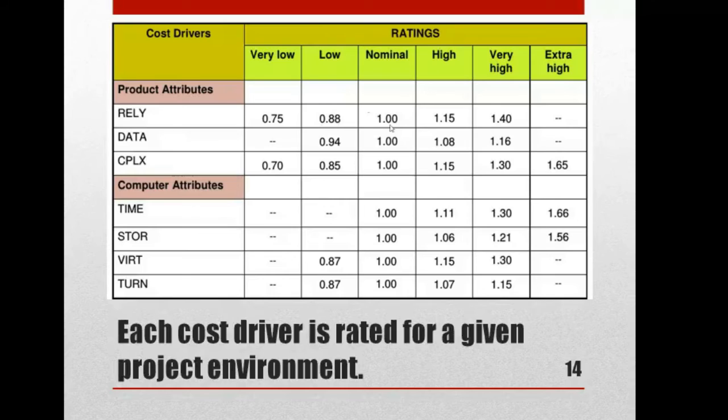Low means this one, nominal means one, high means this one, very high means this one, extra high means this one. These are the average values, from 0.75 to 1.40. These are the ratings they have given.